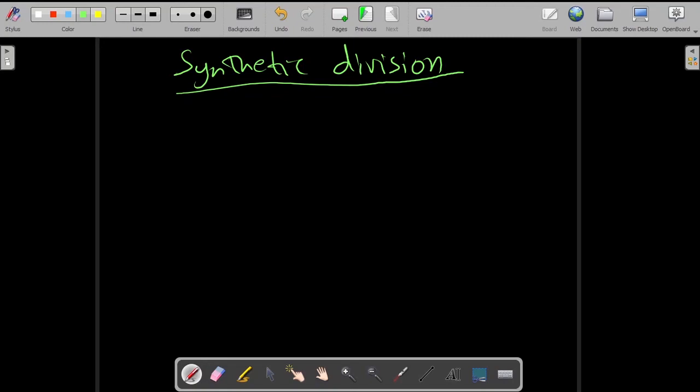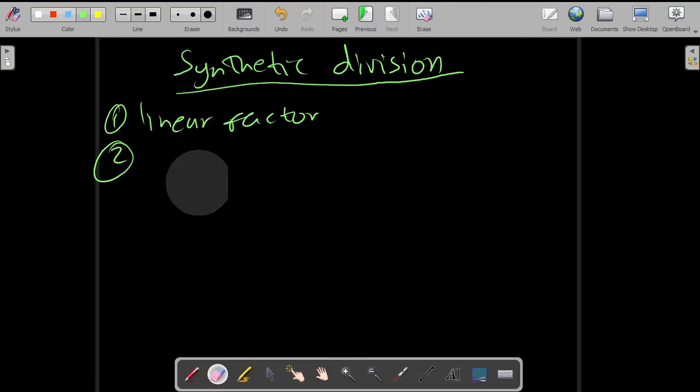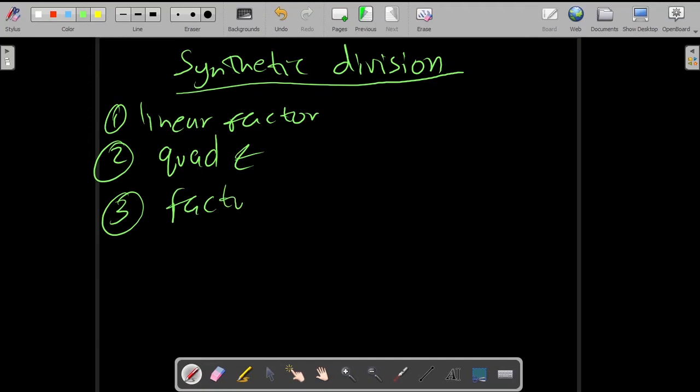We'd first find the linear factor as well. Then you'd find your quadratic factor as well. So I can say the steps are quite the same, but the way that you find this quadratic factor is different. Then you'd factorize whatever has to be factorized, and then finally you'd find your answer, right?